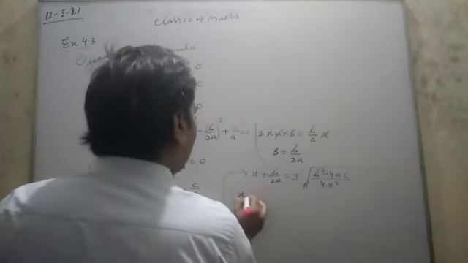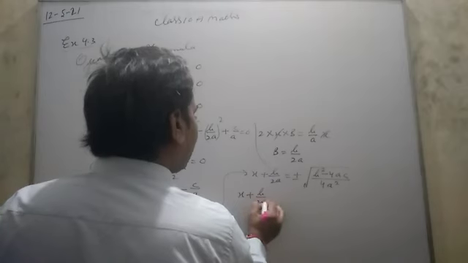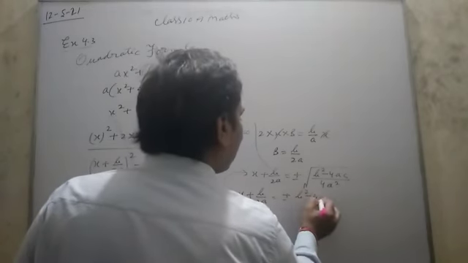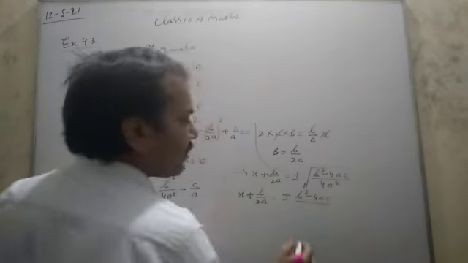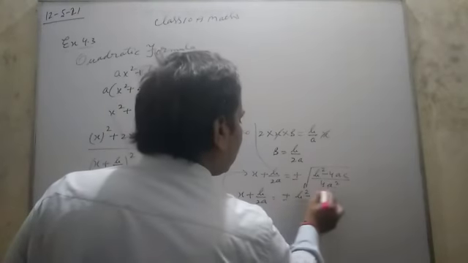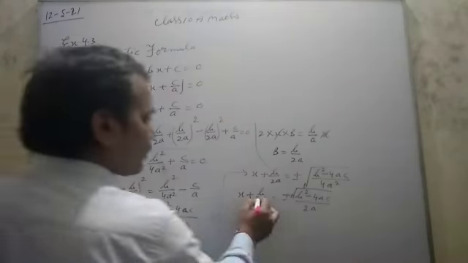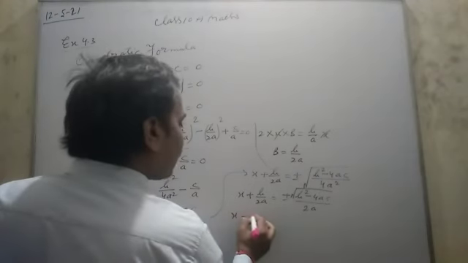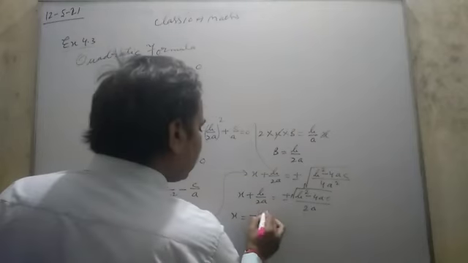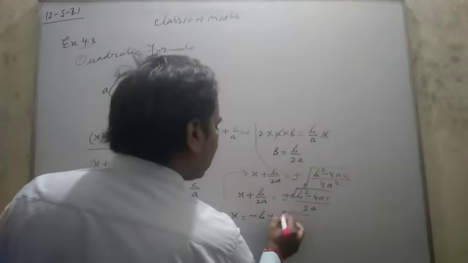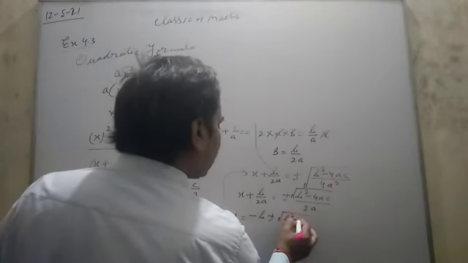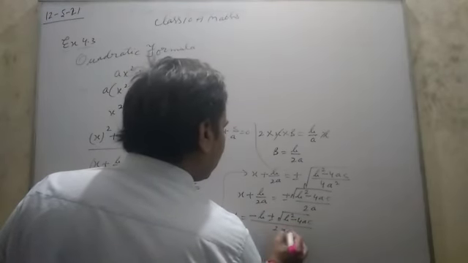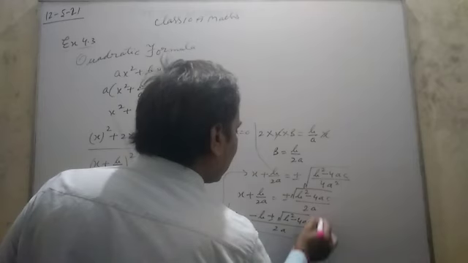Taking the square root, x plus b upon 2a is equal to plus minus root of b square minus 4ac, upon 2a. Then b by 2a transfers to that side, so x is equal to minus b plus minus root of b square minus 4ac upon 2a, and this is the quadratic formula.